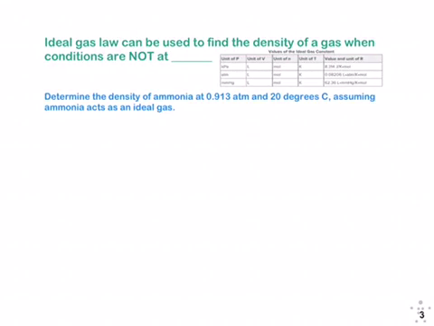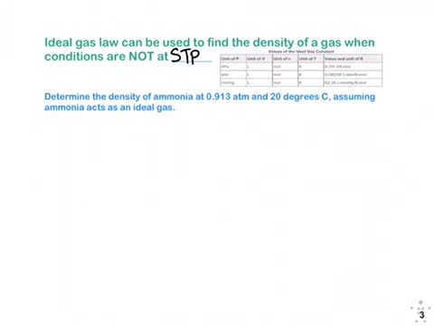All right, so the ideal gas law can be used to find the density of a gas when conditions are not at standard temperature and pressure. Do you want to go through the whole PV equals nRT aspect of this problem, or are we comfortable with that part? I need feedback, guys. We're good?